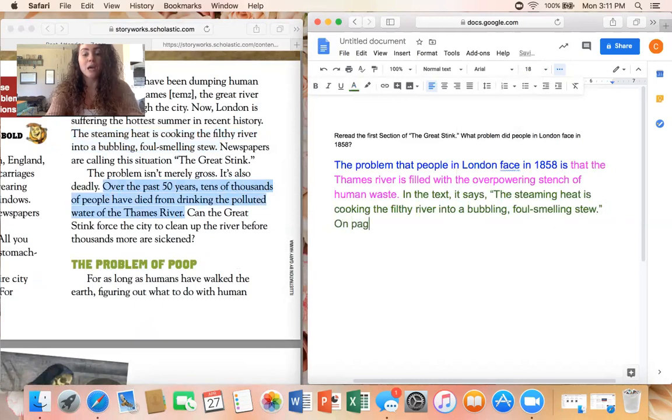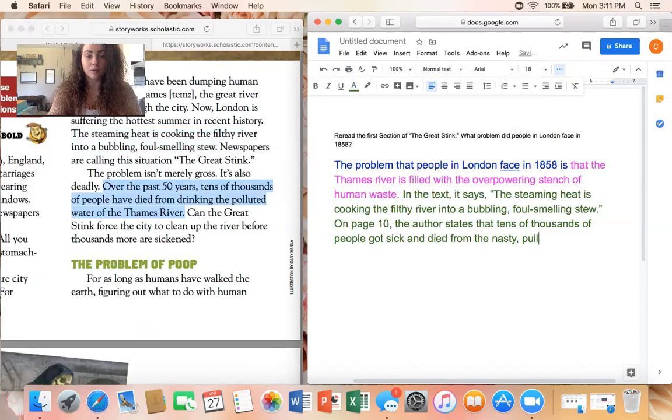On page 10, the author states that tens of thousands of people got sick and died from the nasty, polluted water. Let me fix my spelling here.